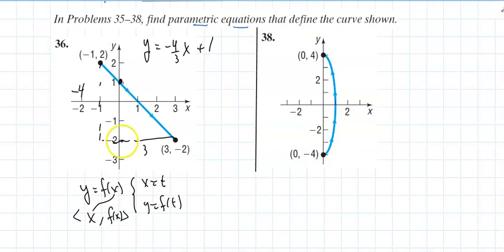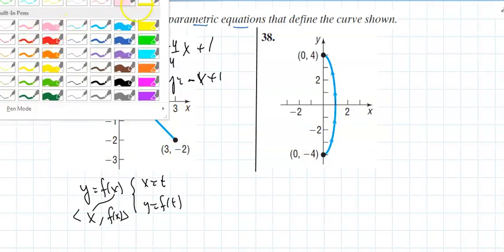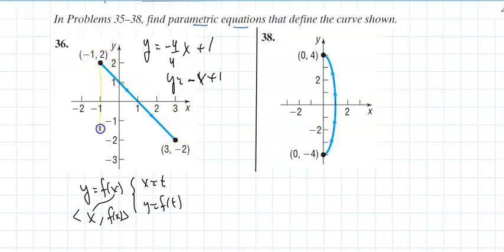Oh, that's 1, 2, 3, 4. That's 4 over 4, my mistake. That means that's y equal negative x plus 1. So, I should have used 4 down and 4 to the right.